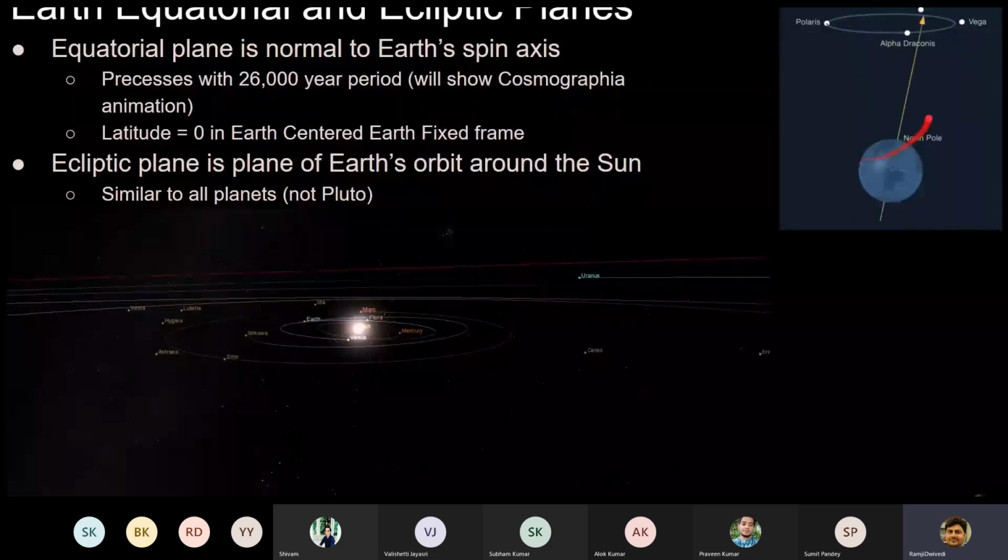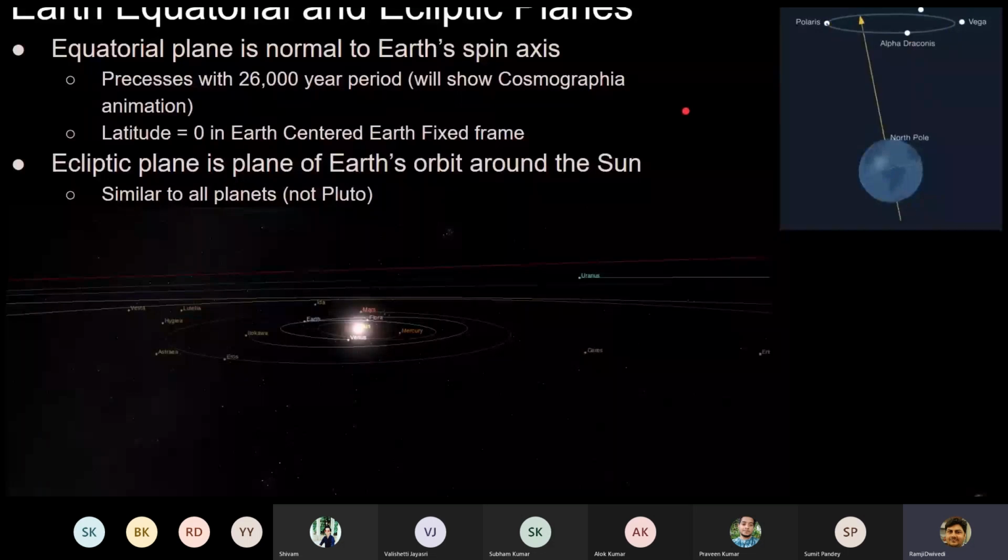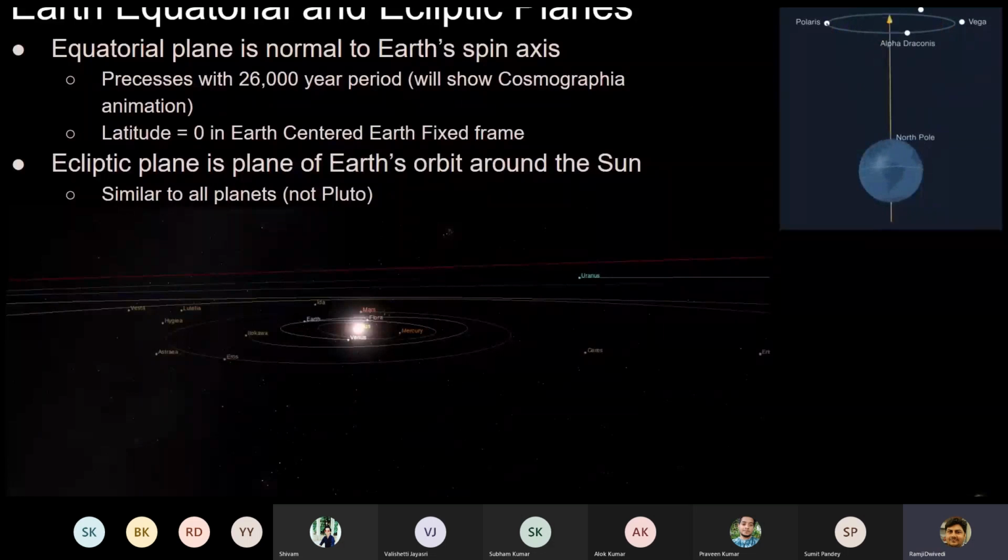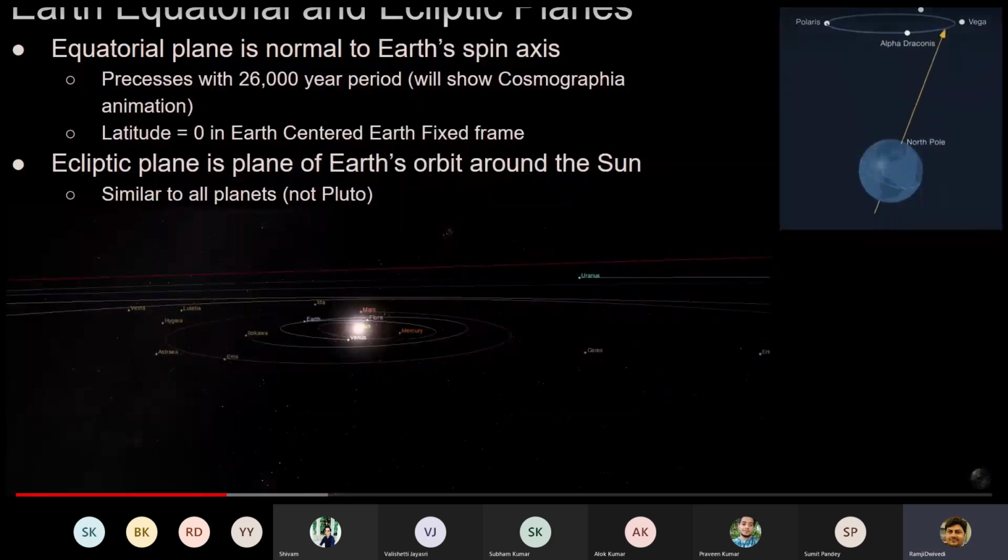This process is called precession. This is secular precession. Initially it was pointing to Alpha Draconis, then Polaris, then Vega, and then again Alpha Draconis. To point at Alpha Draconis again, it has to go through 26,000 years.